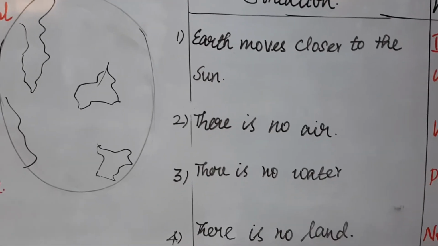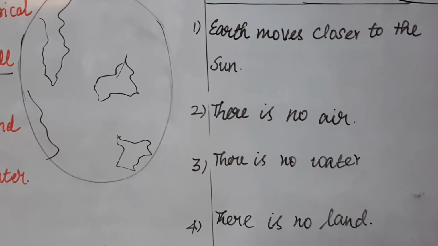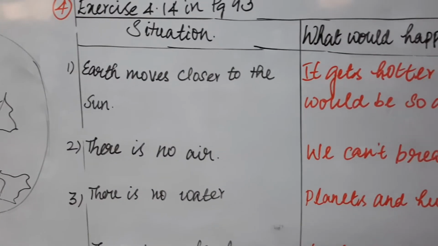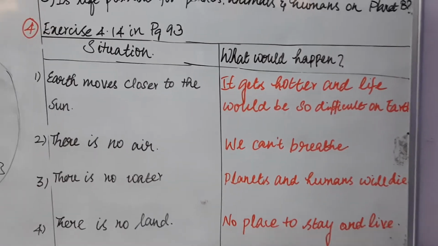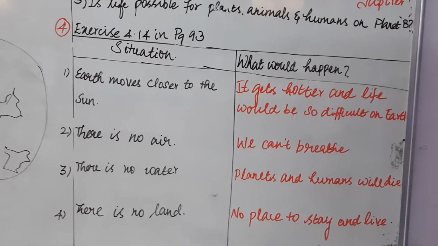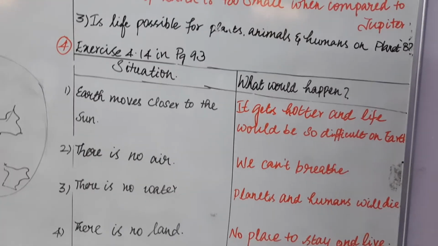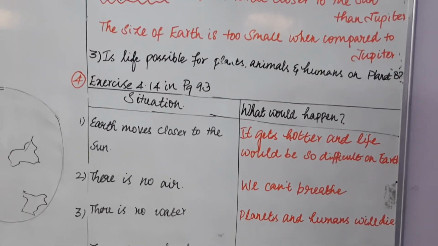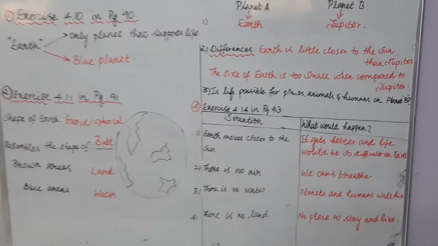Finally, we have one last situation. If there is no land, there will be no place to stay and live. If there is no land, we can't live and stay, right? That's the reason I have mentioned it here. So this will happen next if this situation arises.